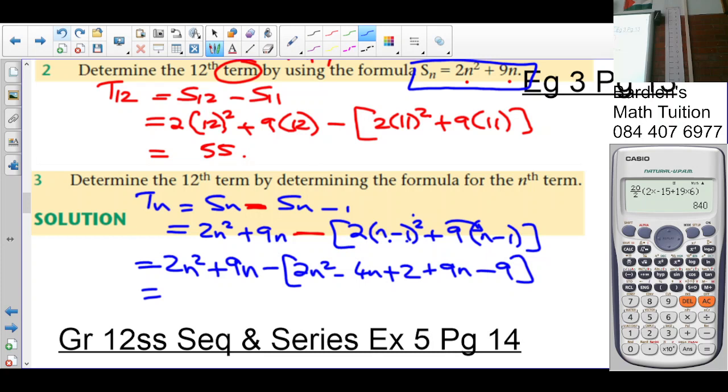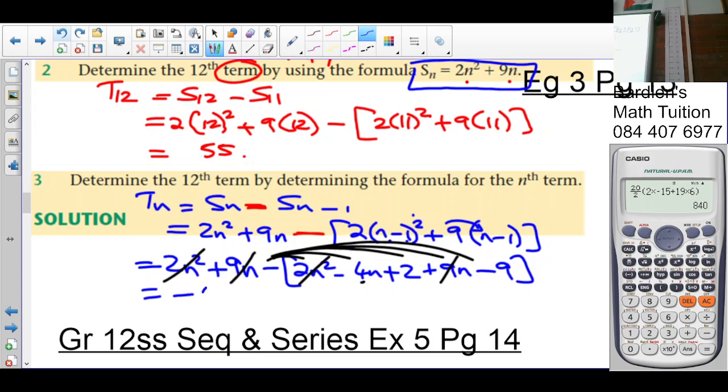Now we're going to get rid of the brackets by multiplying in the negative. So what we'll have is 2n squared plus 9n minus 2n squared plus 4n minus 2 minus 9n plus 9. You all agree with that? Yes. And in turn that will cancel that, and this will cancel that, once you multiply the negatives in. So what are we left with?